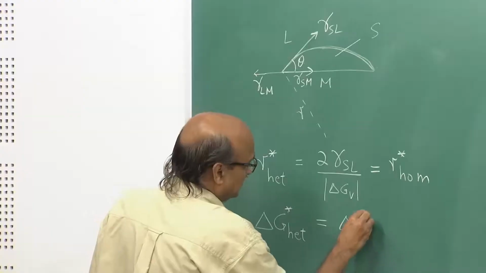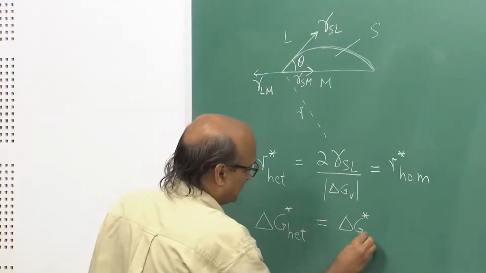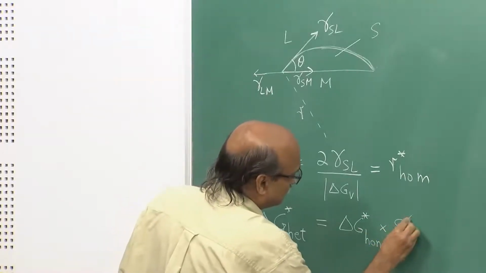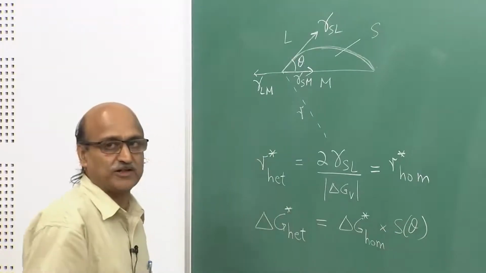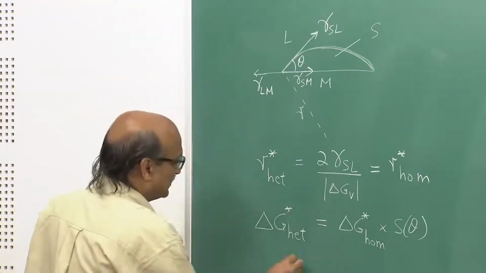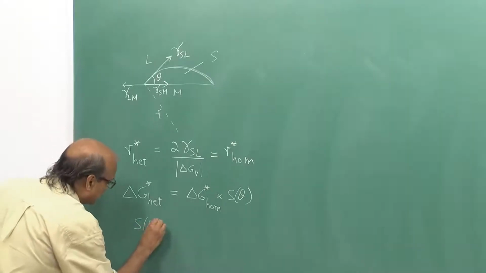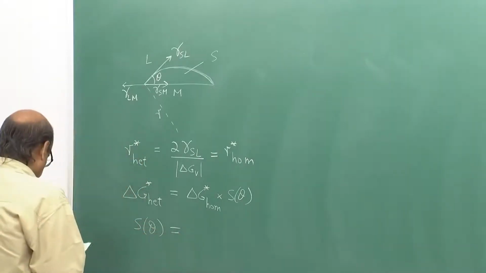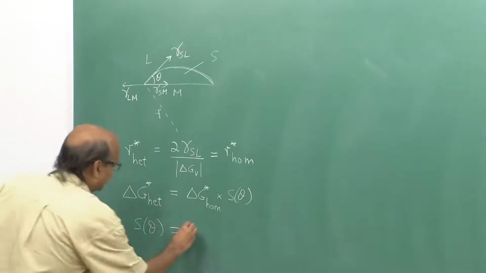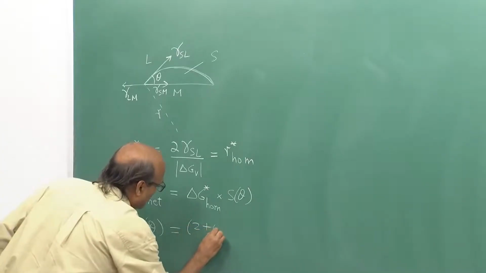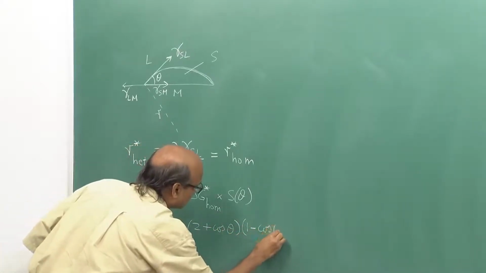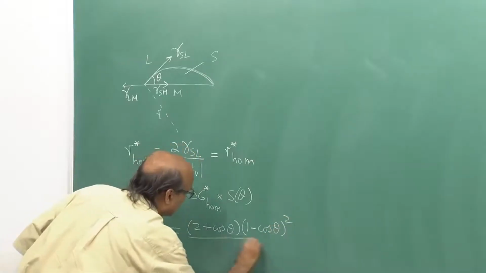Delta G star hat is equal to delta G star homogeneous multiplied by a shape factor S theta, and the shape factor S theta was also determined in an earlier lecture, which is (2 plus cos theta) times (1 minus cos theta) squared upon 4.